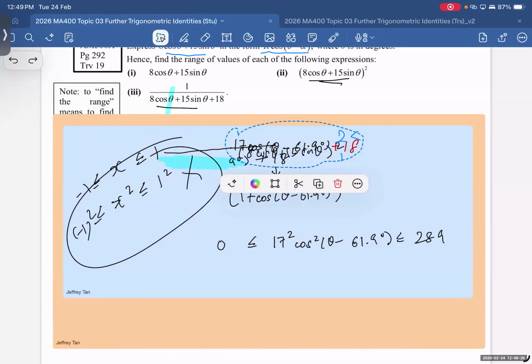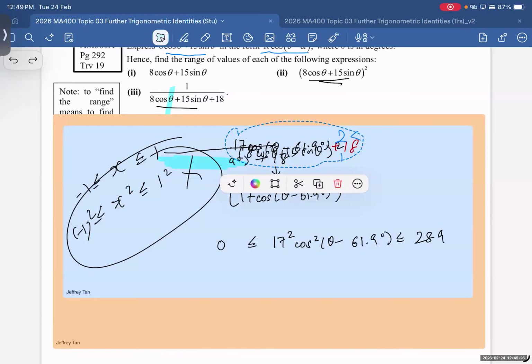Now you need to have both to be positive, then it will work. I'll give you an example. 2 is less than 3, which is less than 4. If I take the reciprocal, 1 over 2, 1 over 3, 1 over 4, what will happen? It flips, but that's provided all are positive.